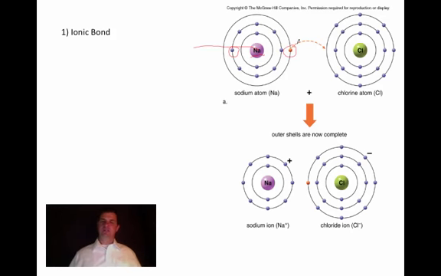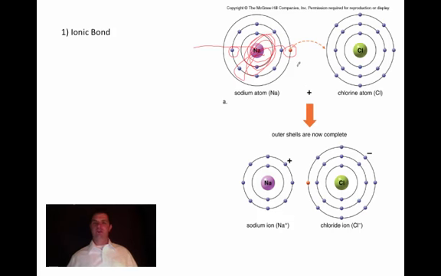So the atom is balanced in an electrical sense when it has the same number of protons as electrons. But because these electrons are spinning around this atom, there's also a balance based on having the outermost shell of electrons filled, or having it empty so that the inner layer is filled with electrons.